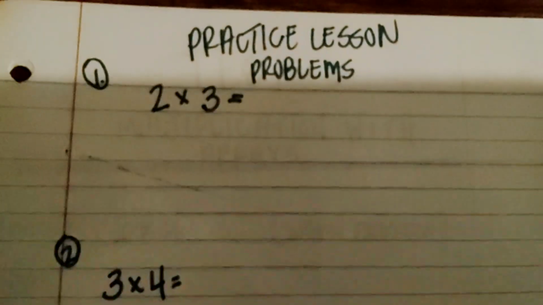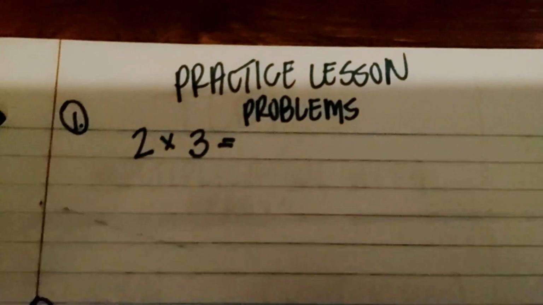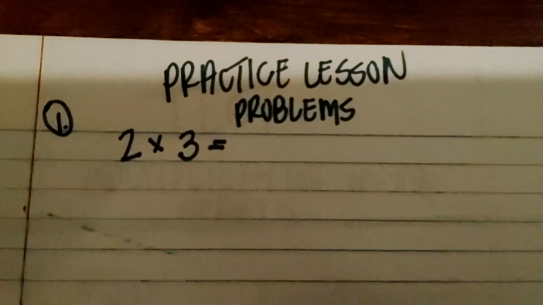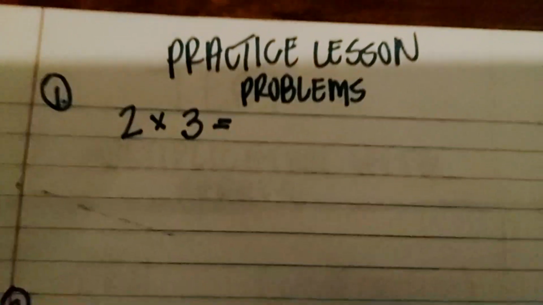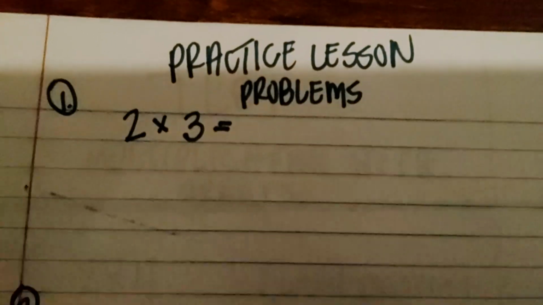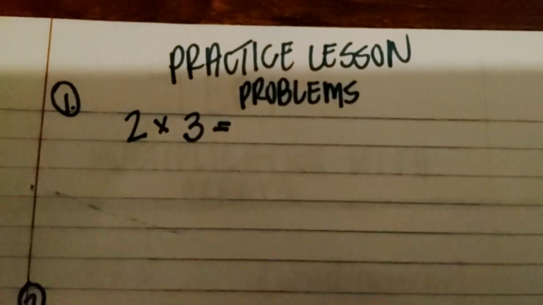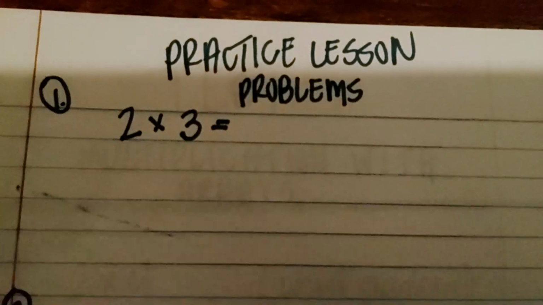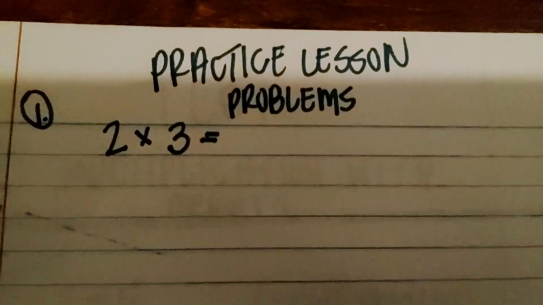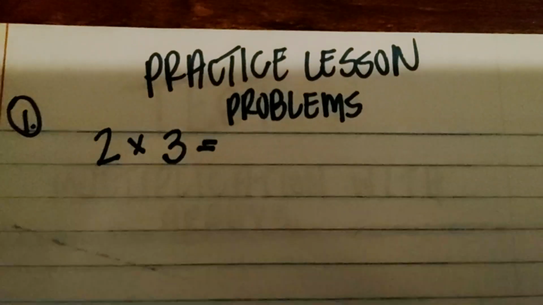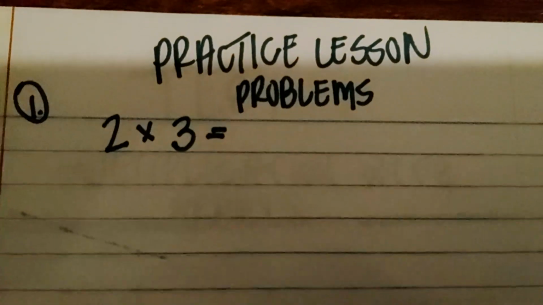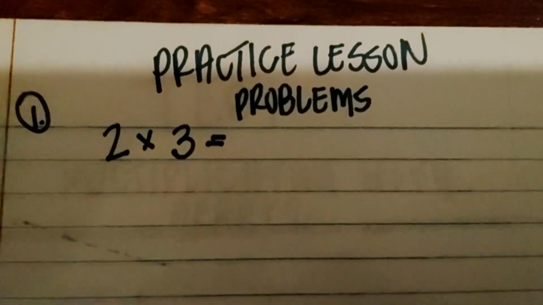But in our trusty notebook that we can look back at and be like, I don't think I remember what an array was. Let me go back and look at my spiral notebook. We're going to draw them. Okay, and there's multiple ways you can do an array. This is just how we're going to do it today, okay? So 2 times 3. 2 times 3 is repeated addition, right?